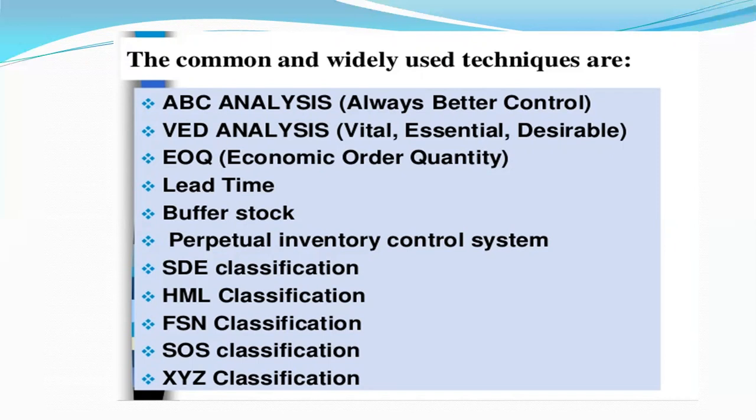Vital parts are those that basically provide leverage to the production, whereas essential parts are the raw materials or items of basic necessity, without which production is not possible, and desirable parts are those used to increase the productivity and facility. So these are called VED, vital, essential, and desirable.